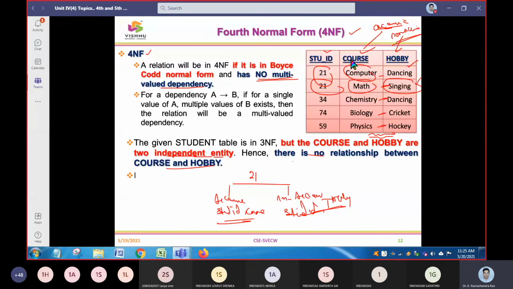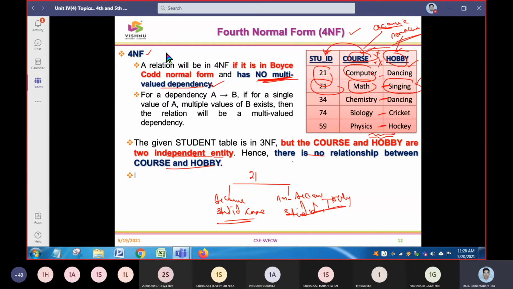In the same way, this girl's hobby is this, this boy's hobby is this. So one attribute, another attribute, both point to a student, agreed. But there is no relationship between the second attribute and the third attribute. That is, we can say no multi-valued dependency.